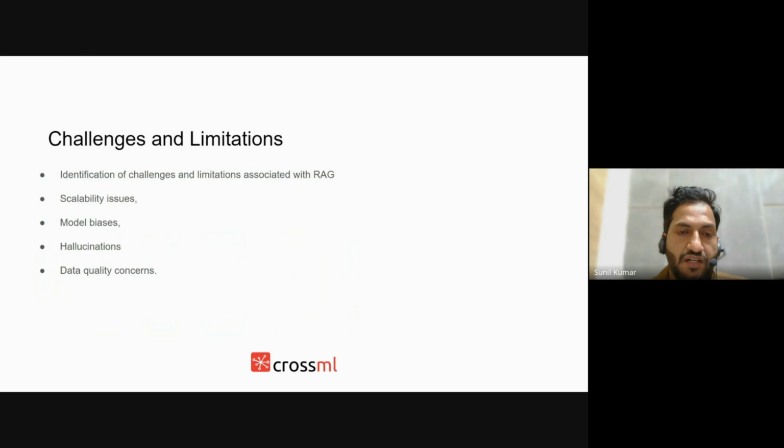Model bias is also a main challenge. When we ask a question to our model in some context, it can reply to us in some other context. So these systems face model bias many times, and hallucination plays a major role, because these AI systems are not like human beings who can taste, smell, and have feelings.